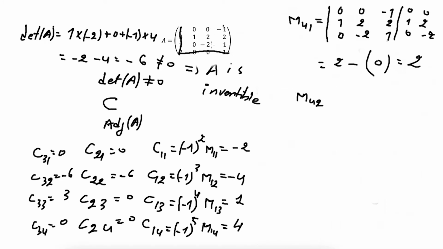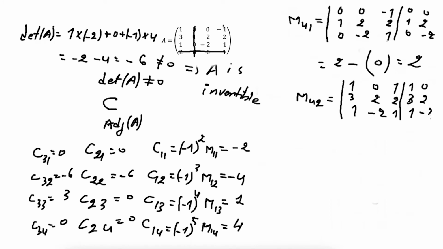M42, so for this 0 here, we'll write this row with this column, and this will be equal to 1, 3, 1, 0, 2, minus 2, and 1, 2, 1. We'll write these two columns here, 1, 3, 1, 0, 2, minus 2.